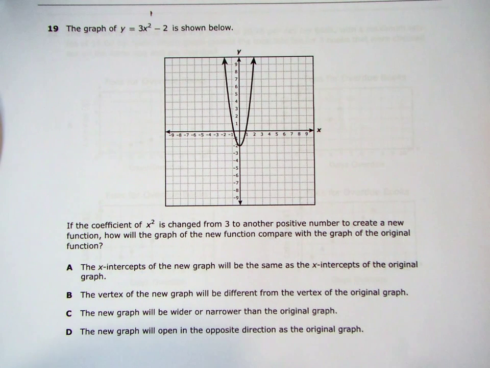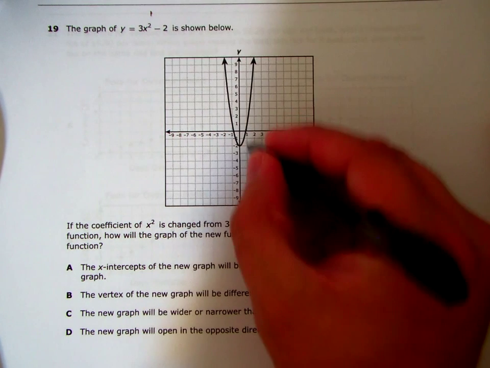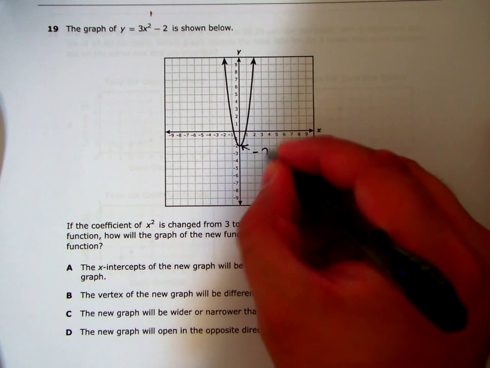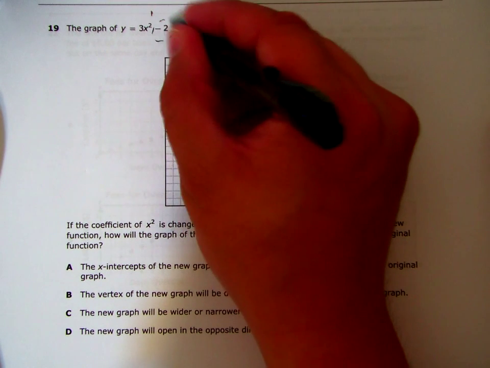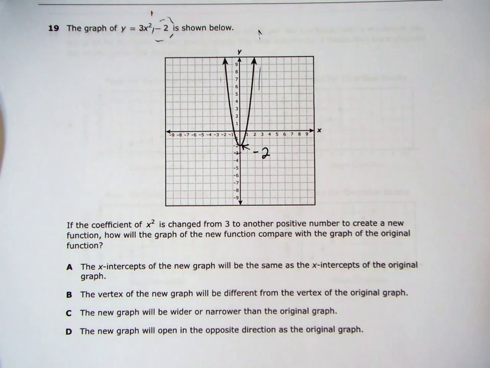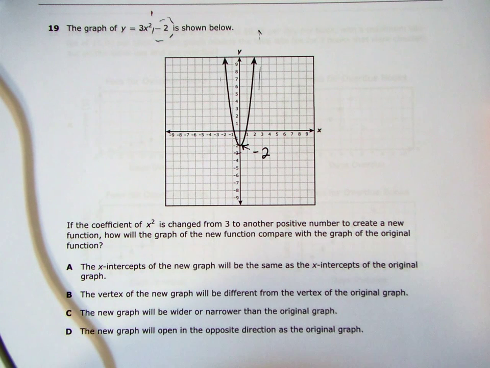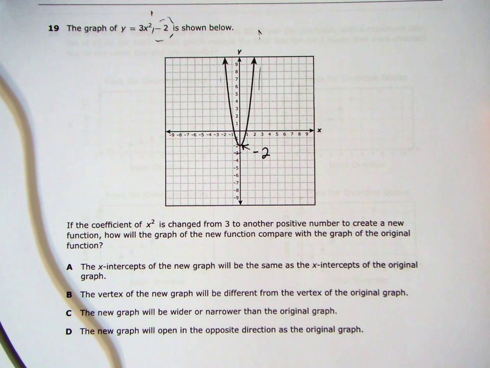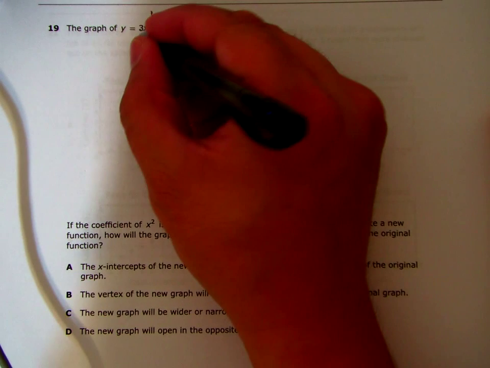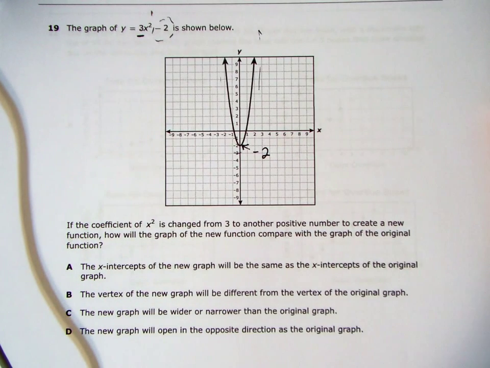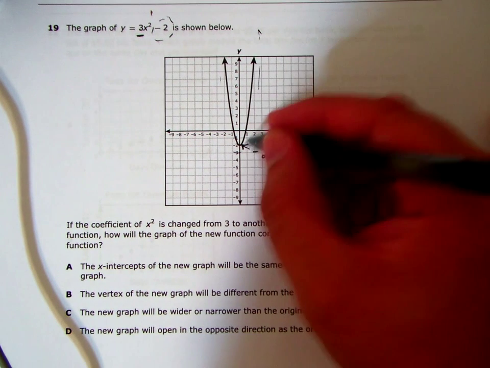Okay? This next one here, number 19, right? It says the graph of y equals 3x squared is shown below. So that's the graph that's below. It's good to read it. See, it's positive, so it's open upward, right? It says if the coefficient of x squared is changed from a 3 to another positive number to create a new function. So basically, what happens when you change this 3 to another positive number?